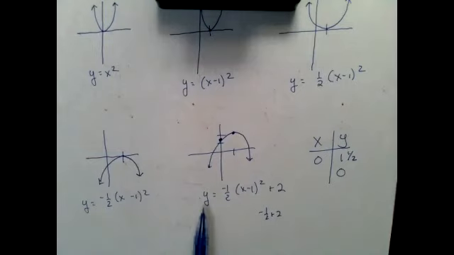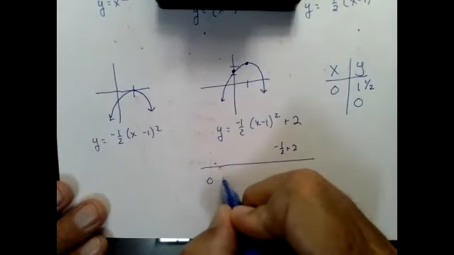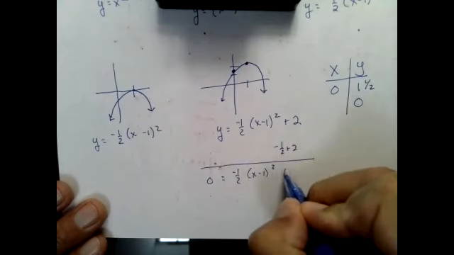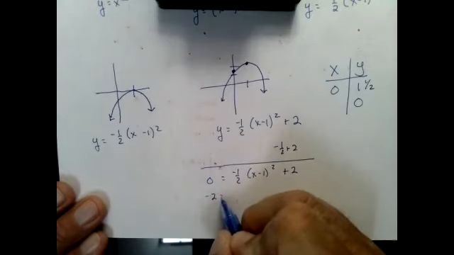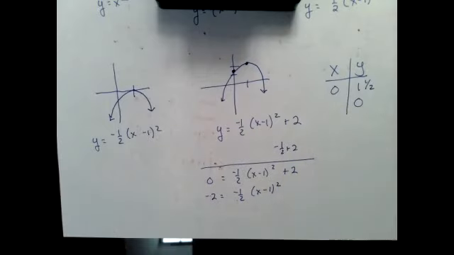If I plug 0 in for y, I could find my x-intercepts. And I'd have to subtract 2. Hey, this form's pretty easy to work with.